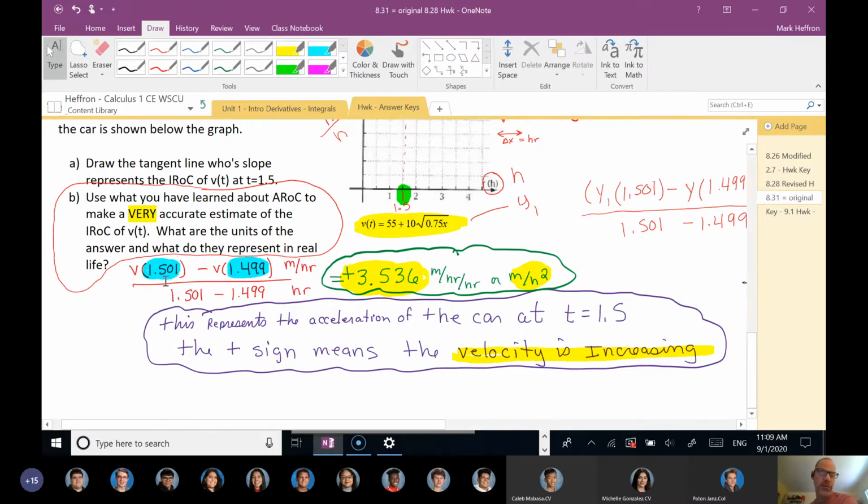Raise your hand if you do not remember how to make your calculator help you with a question like this. My answer was about 3.54.